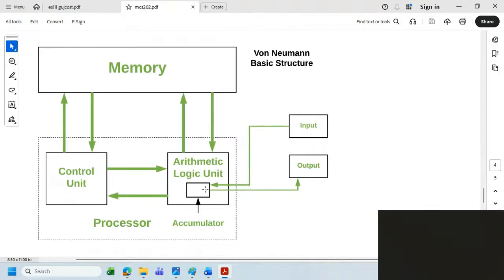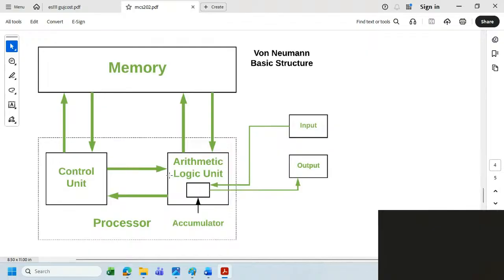And also we are asked to draw a diagram. The von Neumann basic structure looks like this. From here, it gets input. This input goes to the ALU unit. From there, it goes to memory, then control unit. Again, it gets redirected to memory, then to the ALU.